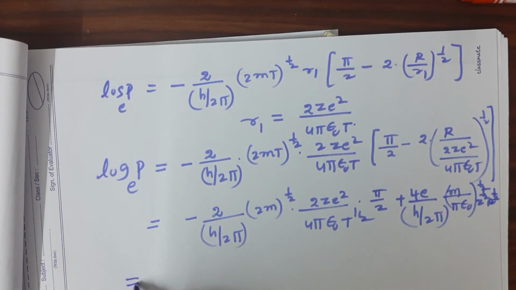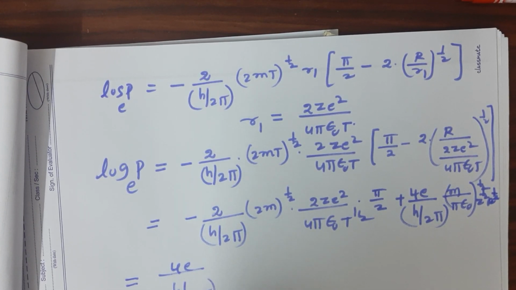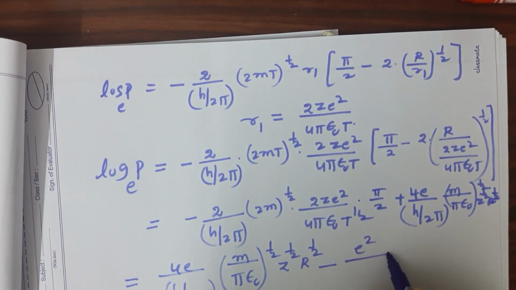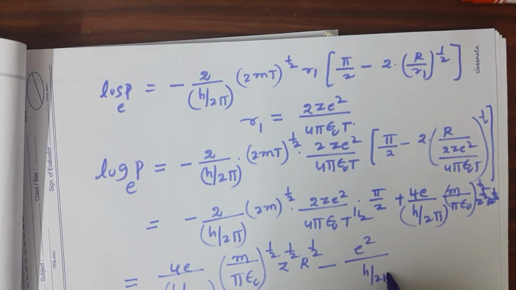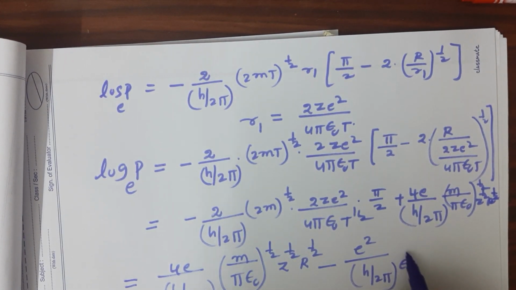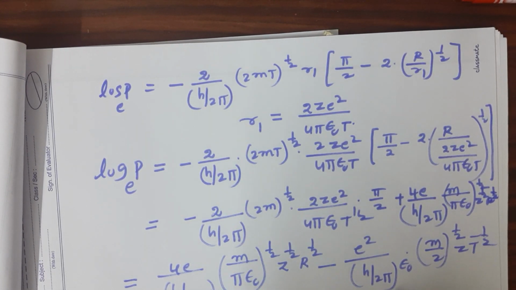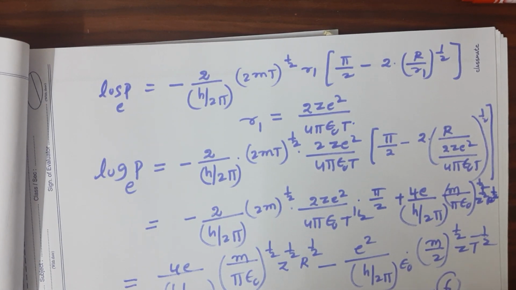So that gives 4e by h by 2 pi, by simplification, square root of m by pi epsilon naught, z to the power half, R to the power half, minus e² by h by 2 pi into epsilon naught, m by 2 to the power half, z t to the power minus half. Say this is equation 6.